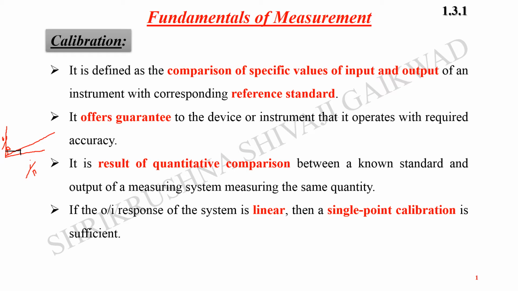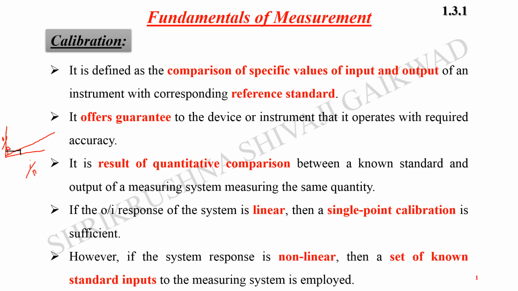If I calibrate the instrument at this point, then for a single value of the input, we will have a single value of the output. So a single point calibration is sufficient in this case.